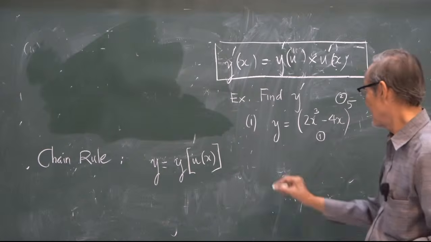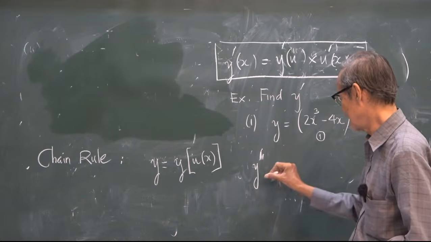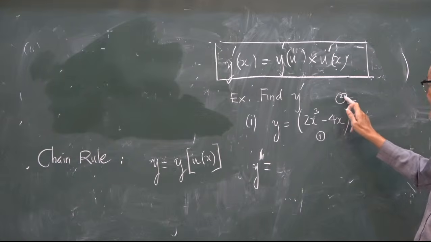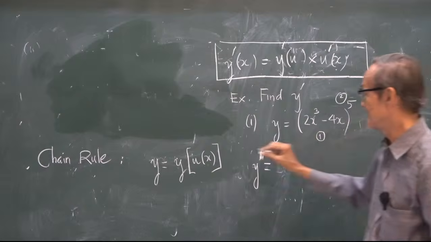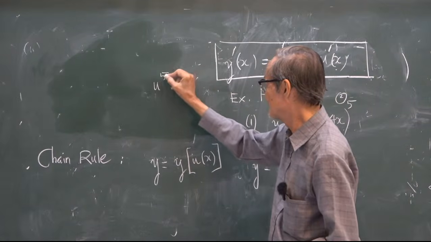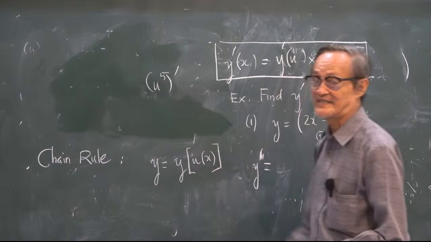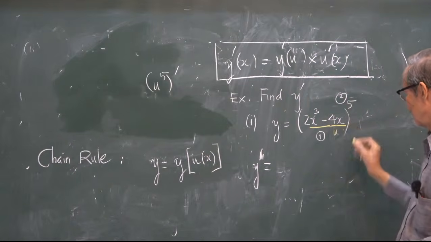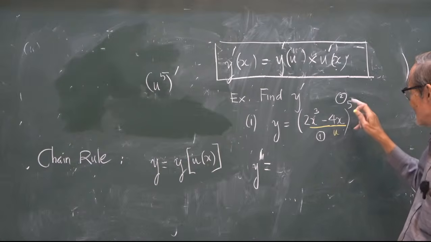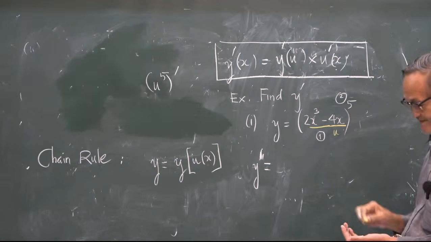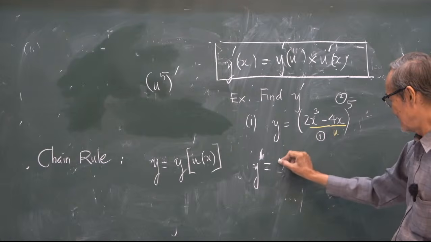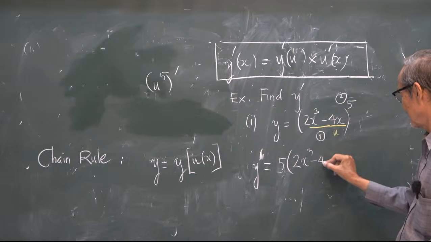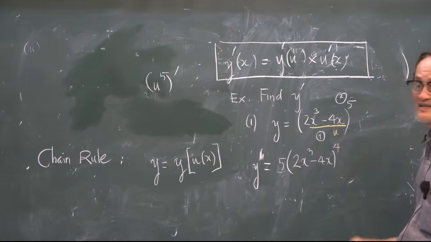Okay, so y prime: the outer function is power 5. Here this is u, the outer function u^5. 5 u remains to the power 4.